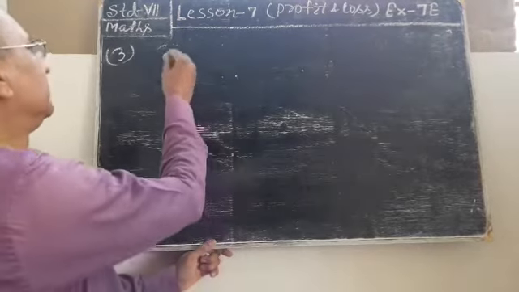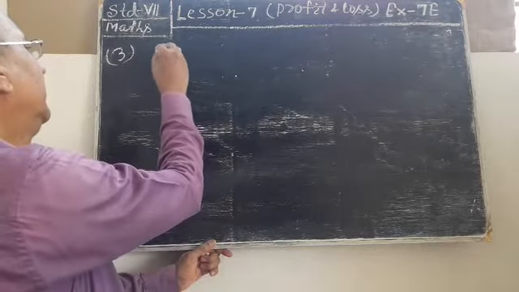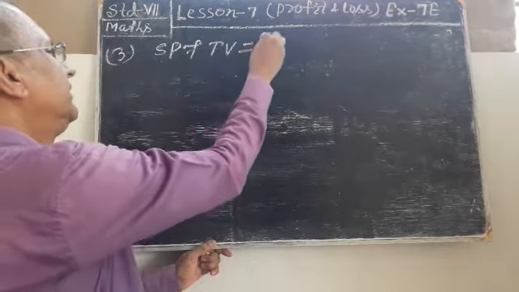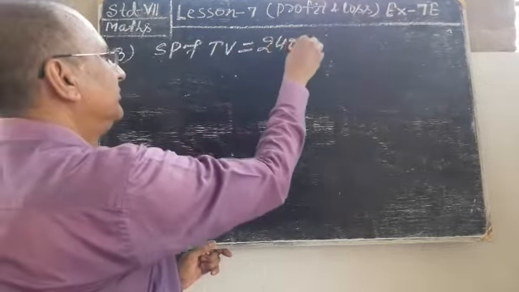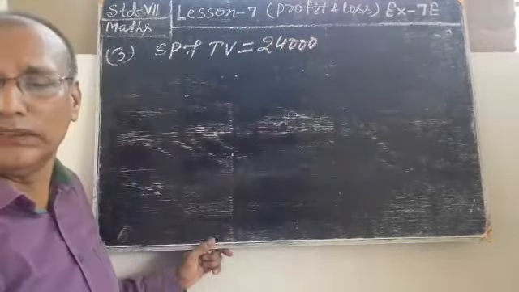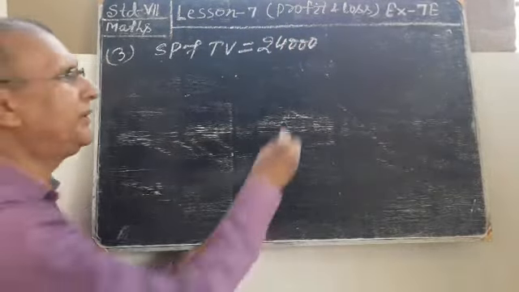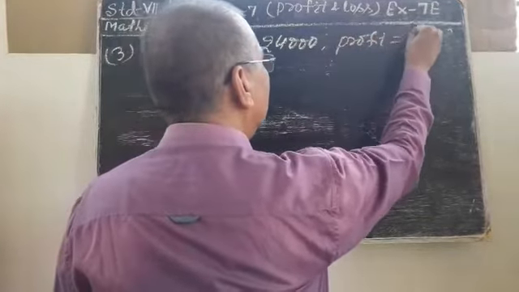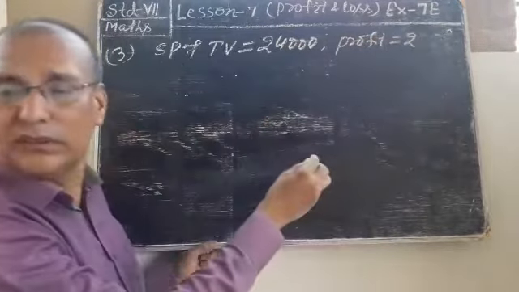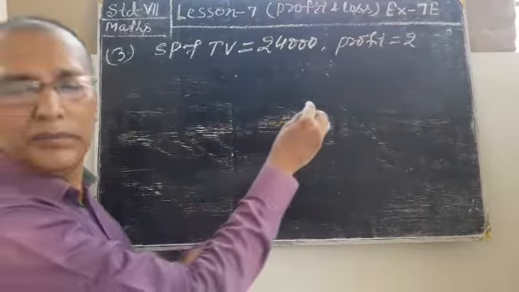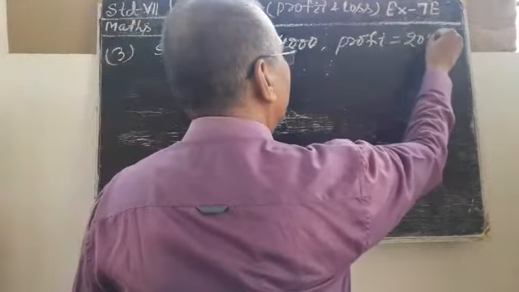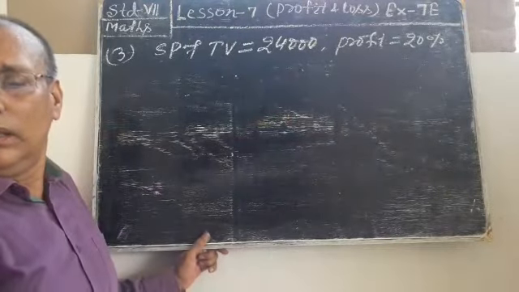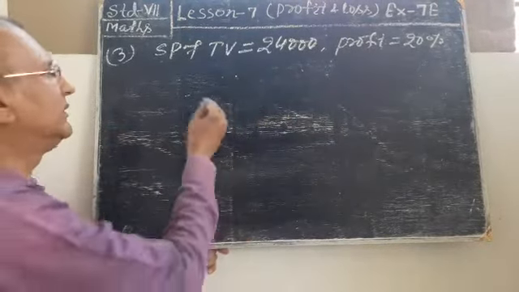SP is given, the SP of the TV is given, 24,000. Profit is given, 20%. Now we have to find out the CP.